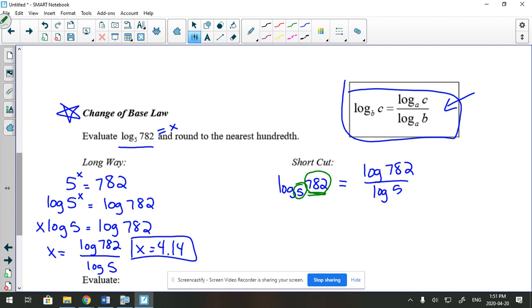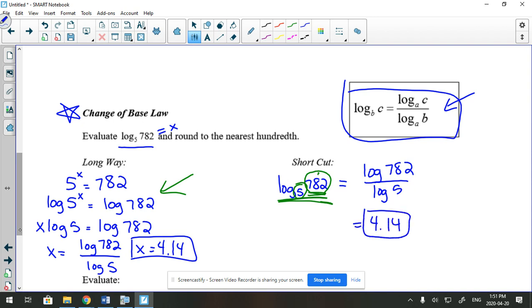We used to do this by hand the whole time, but now here's the shortcut you can use, and I believe that's on your formula sheet as well. To figure this out without having to do all this fun work, you can just take the log of the main number there, divided by the base. And when you do that, you'll get 4.14.